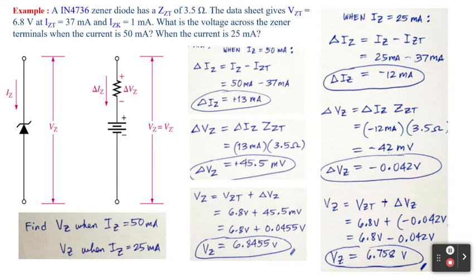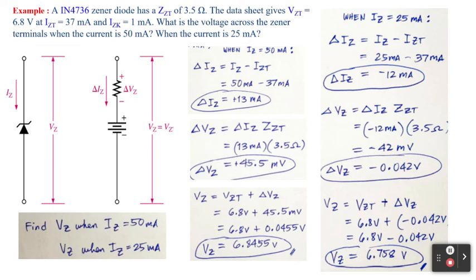So take note that negative 42 here is not taken as volt. It is written here as millivolt. Therefore, you cannot subtract directly millivolt from 6.8 volts. That's why there's a need to change our answer from minus 42 millivolts to negative 0.042 volt, which is very small. Therefore, when you subtract that from 6.8, it's negligible, or it's almost like we did not really subtract. But this is the VZ equal to 6.758.